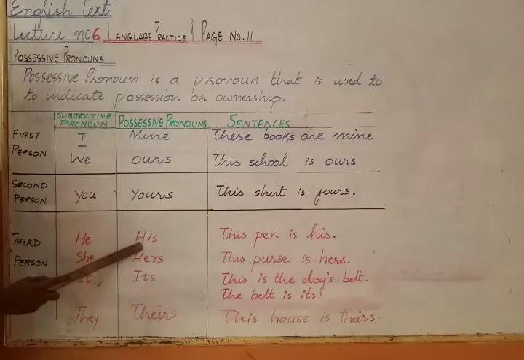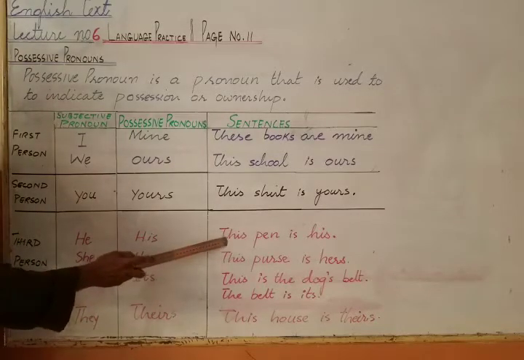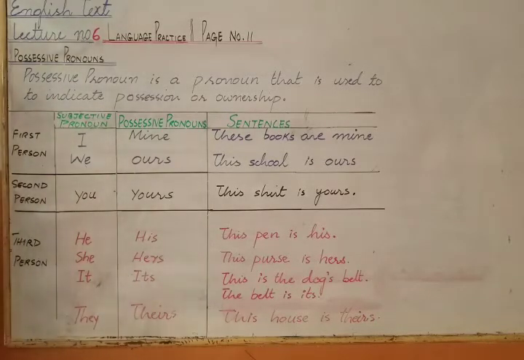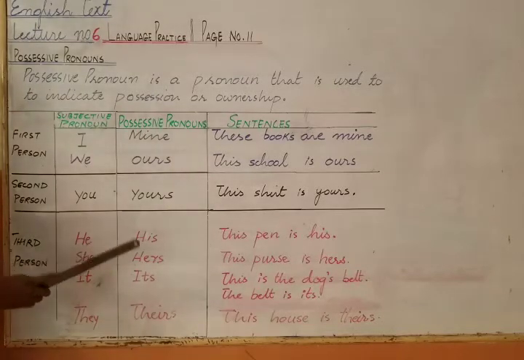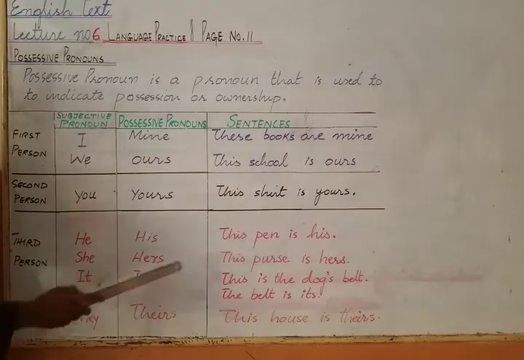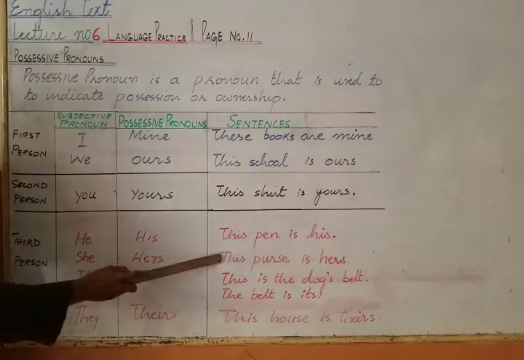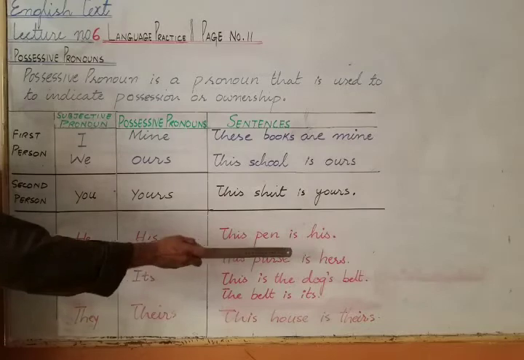The next we have he, his. This pen is his. So he means boy; we use his as the possessive pronoun. The next we have she, hers. Example, this purse is hers.